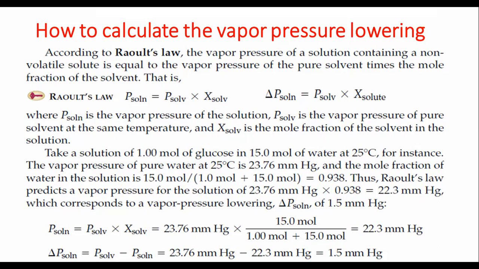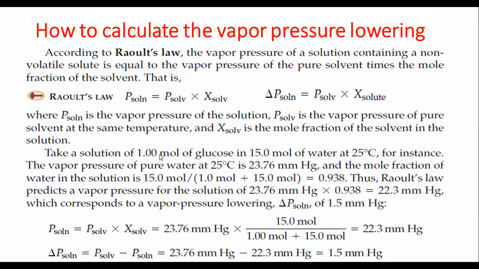The vapor pressure of the pure solvent is again 23.76, and the vapor pressure of the solution we have calculated using this formula is 22.3 mm of mercury. When you get the difference, your value is 1.5 mm of mercury.